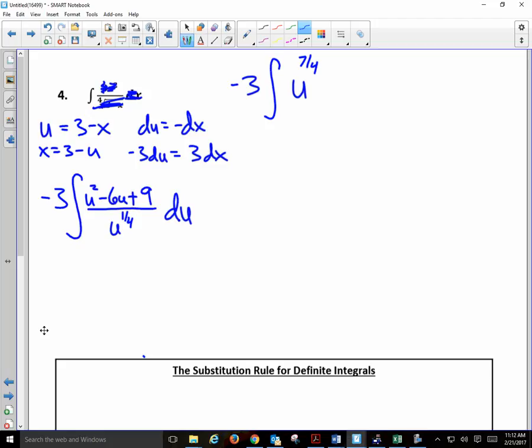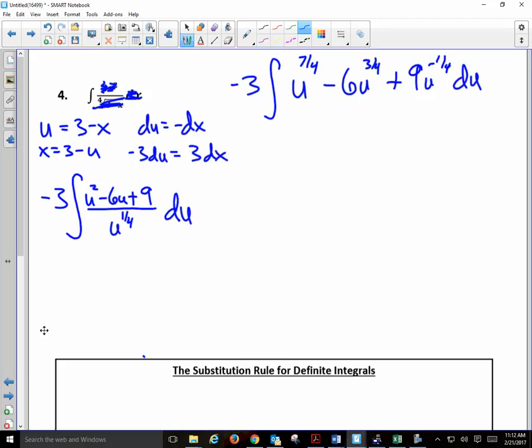And then -6u to the 1, that would be -6u to the 4/4, and then plus 9u to the -1/4 du. Everybody okay there? Okay, well, that's the challenging part.